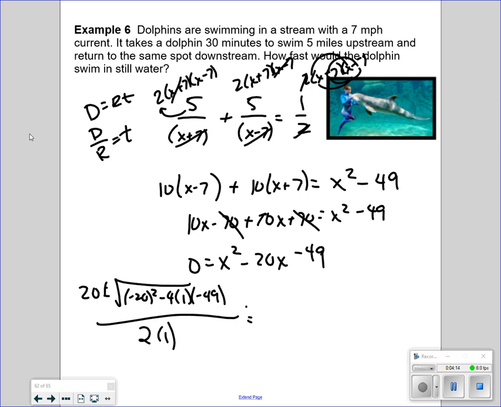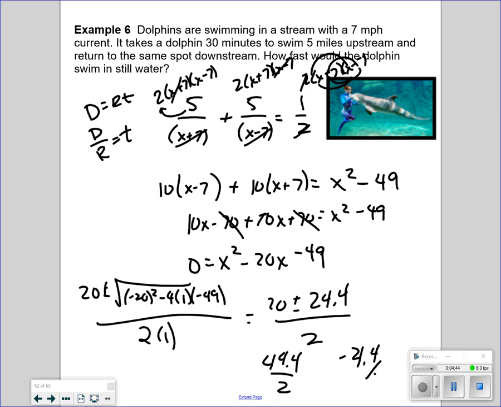And so I end up getting negative 20, positive 20, plus and minus the square root of negative 20 squared minus 4 times 1 times negative 49, and the square root of that is 24.4, divided by 2. Now, if I add it, I get 44.4 divided by 2. And if I subtract it, I get a negative 4.4 divided by 2.